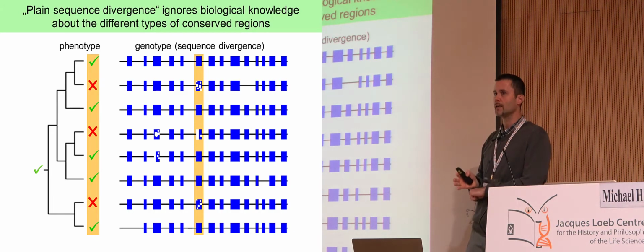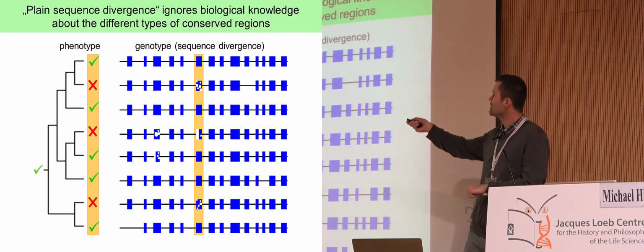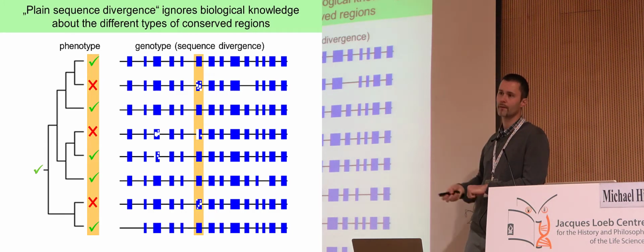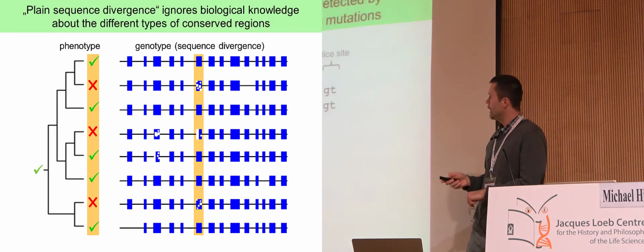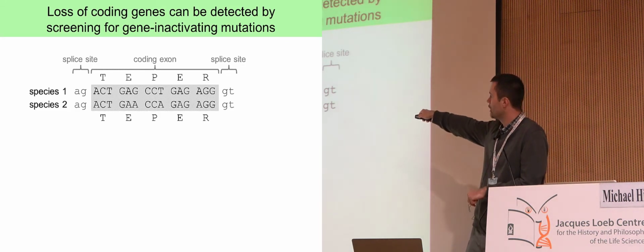The downside is that we ignore knowledge about the different classes of elements and which mutations are likely to affect their function, right? And if we think of coding genes, we know pretty well which mutations inactivate a coding gene, shown here by a coding exon alignment between two species with the splice sites.